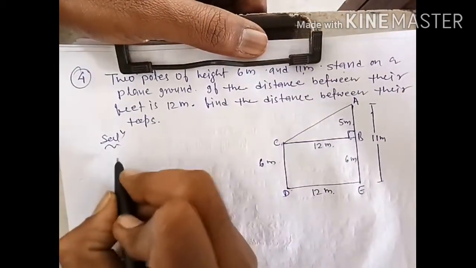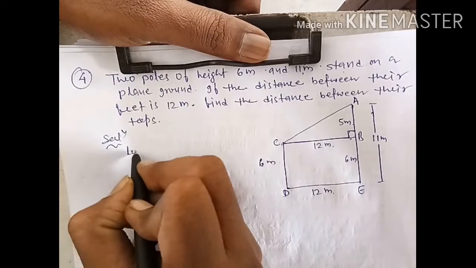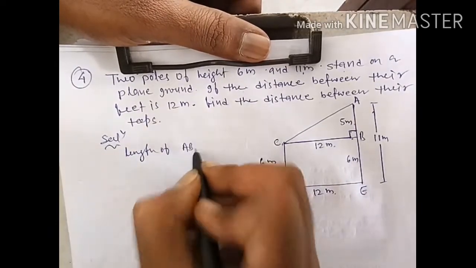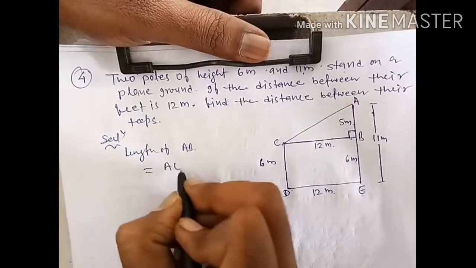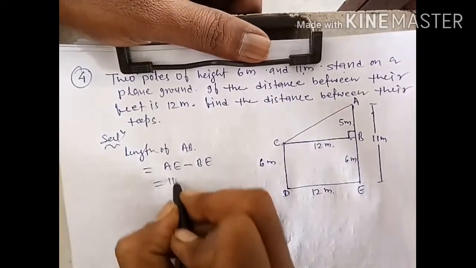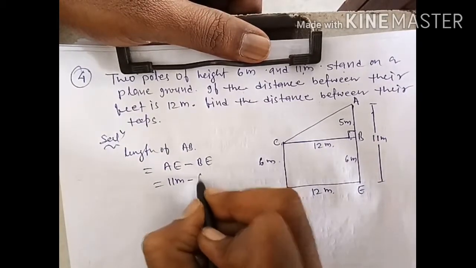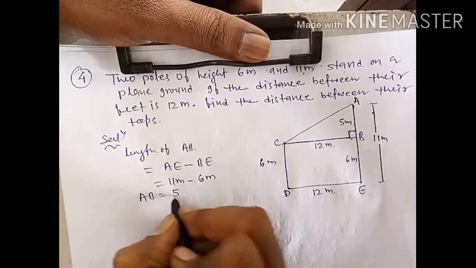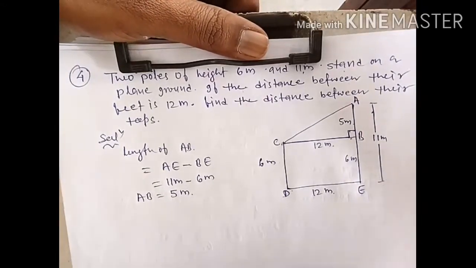So first we find length of AB. Length of AB is equal to AE minus BE. Here AE is 11 meter and BE is 6 meter. So AB is equal to 5 meter.